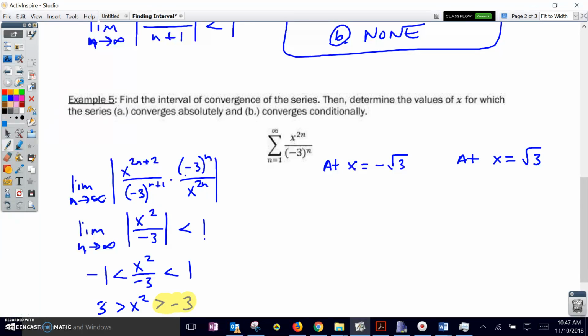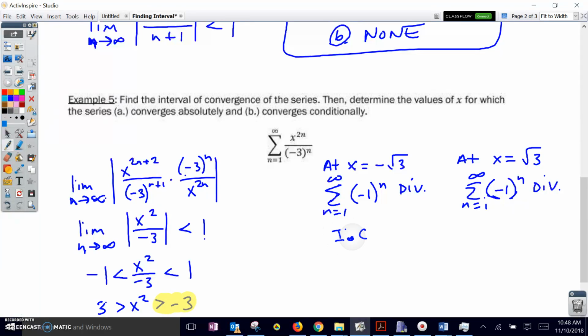So we've got 3 to the n power over -3 to the n power, and this turns into the sum from 1 to infinity of -1 to the n. And the same thing happens at x equals square root 3. This becomes the sum from 1 to infinity of -1 to the n. Both of these diverge because of the nth term test. That diverges and that diverges, and so those endpoints are not included.